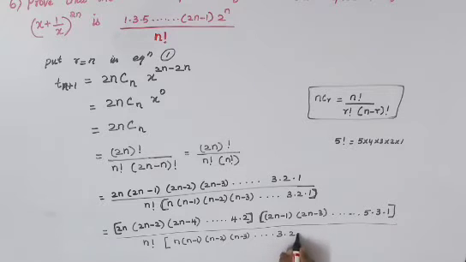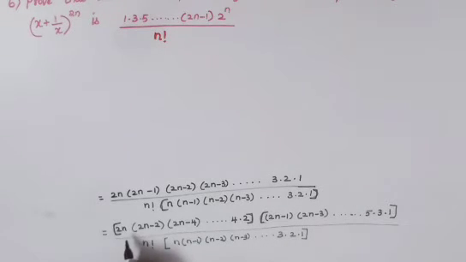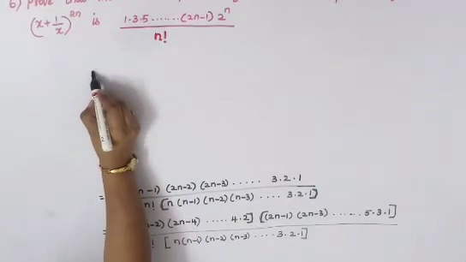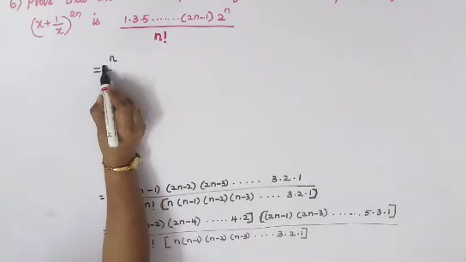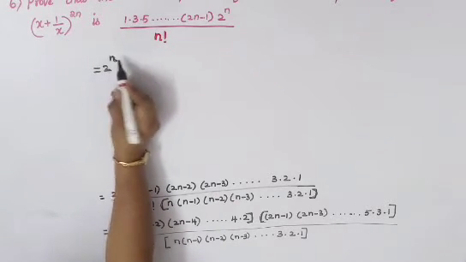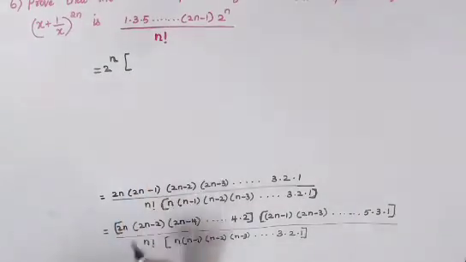3 2 1. The next step is just remove 2 common from here. Okay, so everywhere you can see 2 common. So just remove 2 common, but up to n terms it has to go. So when you are removing, it will become 2 power n, because up to n terms we are removing. Okay, so it will become 2 power n into, now this 2 is out means only n will be there.